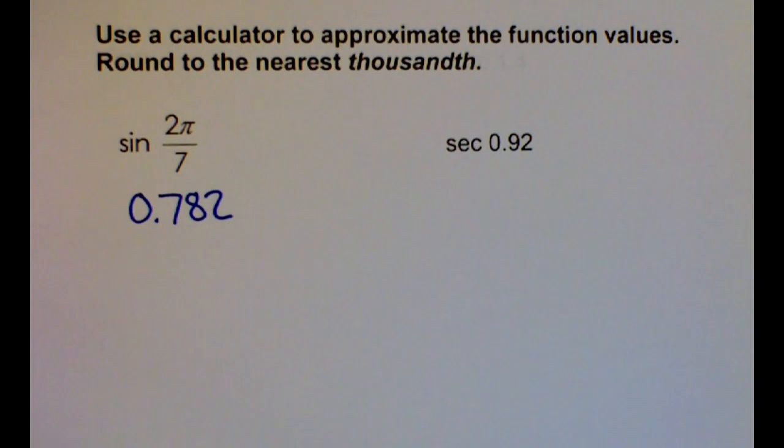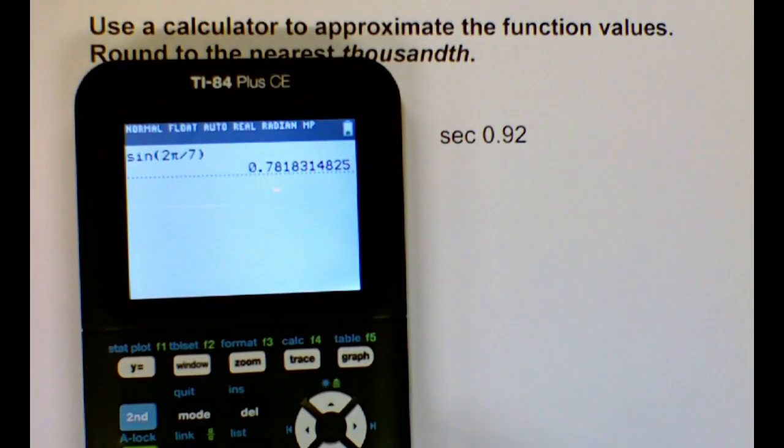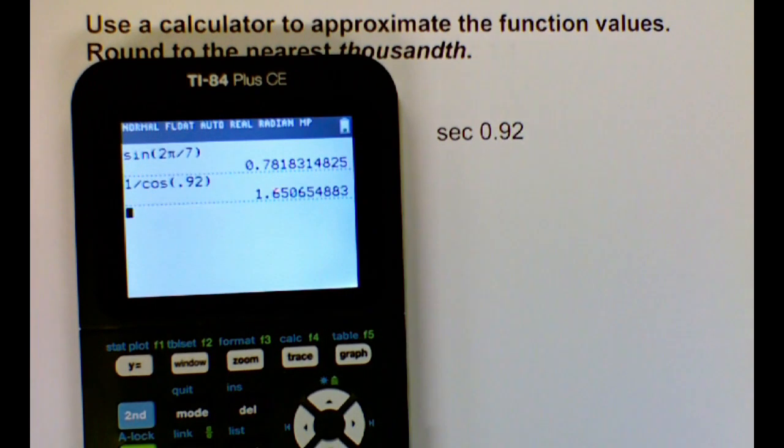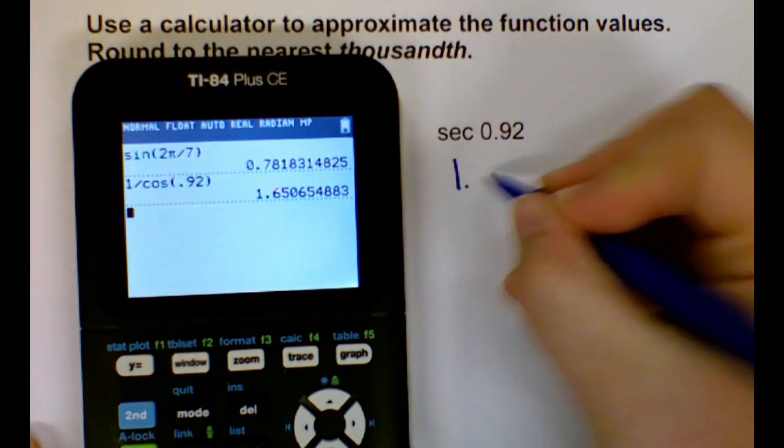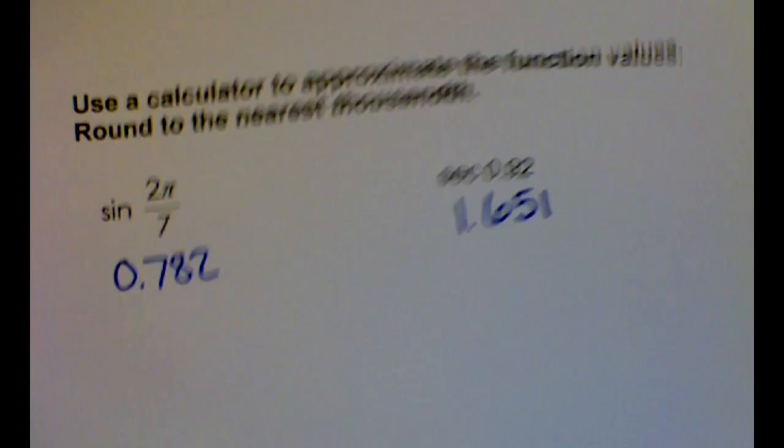Secant of 0.92. Now this doesn't have a pi in it, but it is still in radians. Secant is 1 over cosine, so 1 divided by cosine of 0.92. My answer is 1.651. There we go. Tangent of pi over 12.